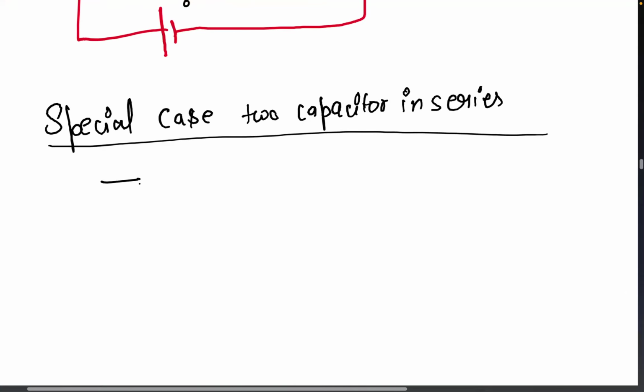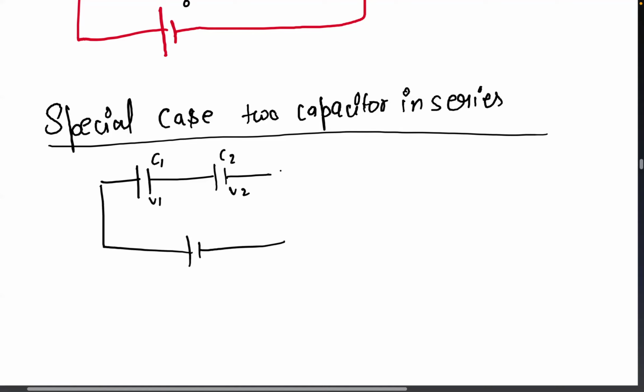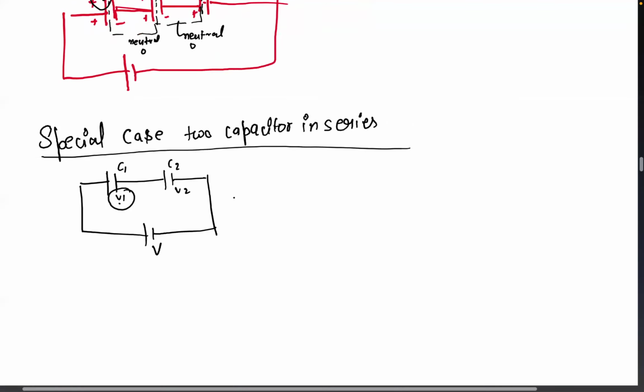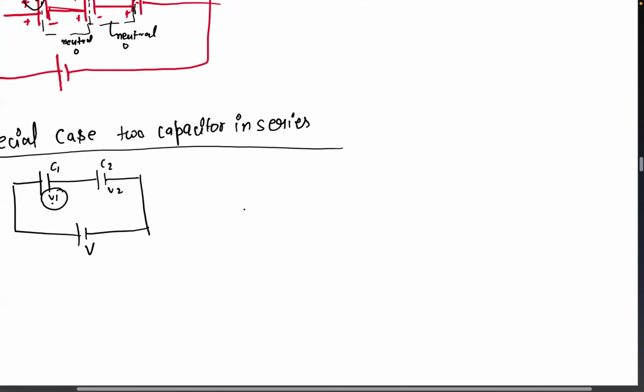You are given a configuration like this: C1, V1, C2, V2, and the bigger one is this. You have to calculate the individual values. This is the potential you are given, so you have to get the proper V1, V2 values. Same in case of capacitors in parallel.